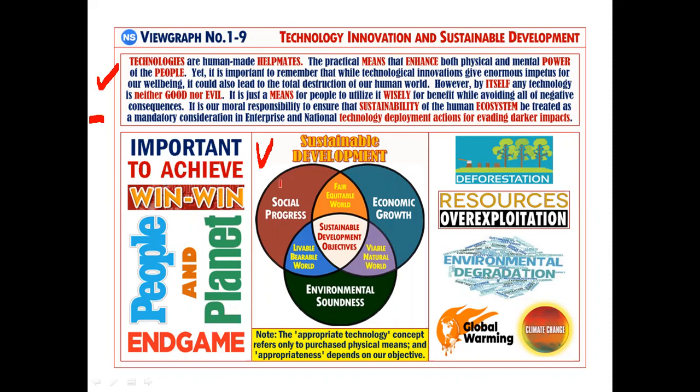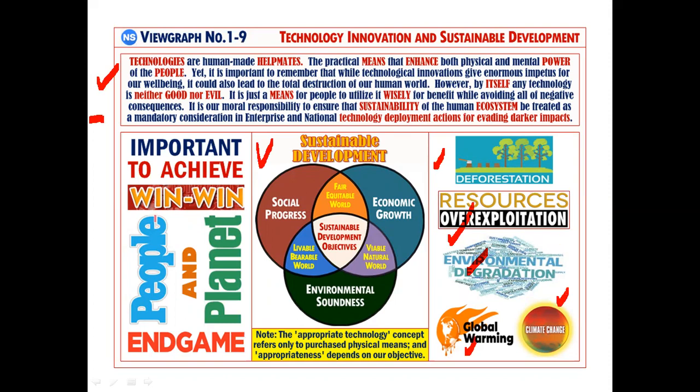So I show here sustainable development. What does it mean? Social progress, economic growth, and environmental soundness. We need all three simultaneously. But we find a lot of problems here: deforestation, resources overexploitation, environment degradation, global warming, climate change.